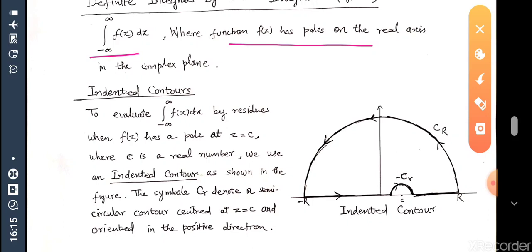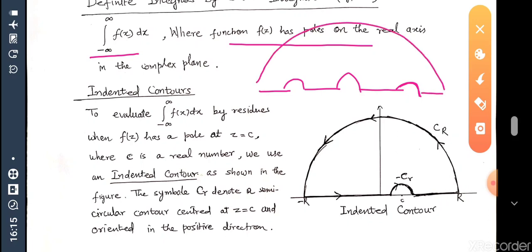That is, if the function f(z) has 3 poles on the real axis, then we take a contour avoiding these 3 poles by semicircles in this way. Here we take an example of an indented contour.